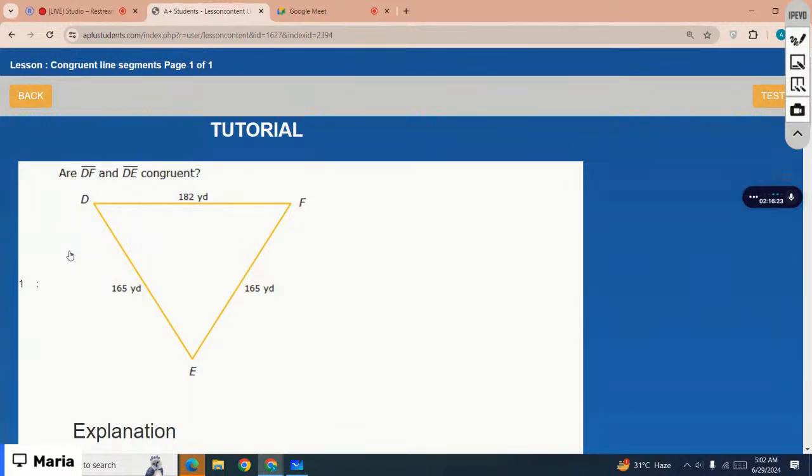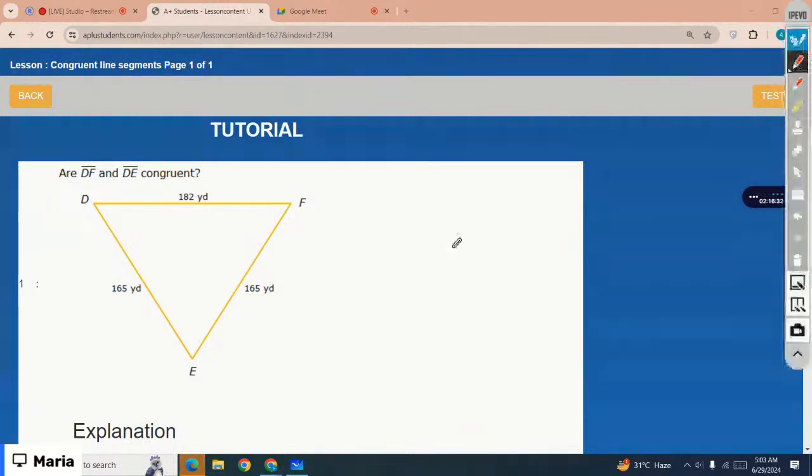Okay, so are DF and DE congruent? You are given the lines DF and DE. Here is the line DF, that is 165 yards, and here is the line DE, that is 182 yards.